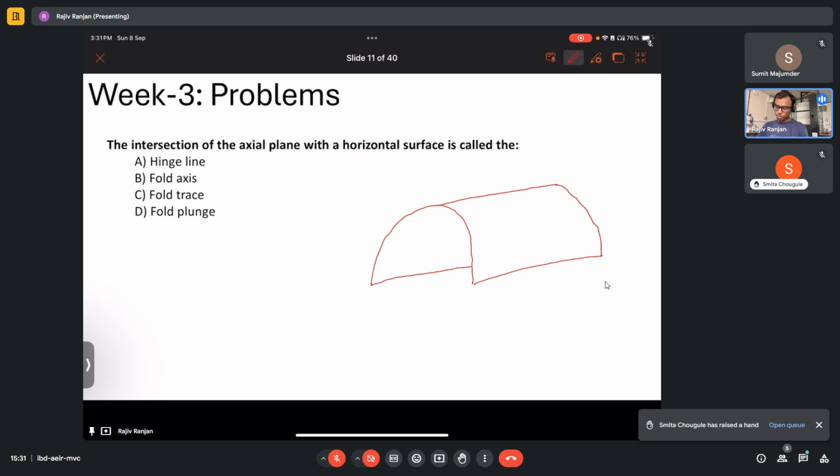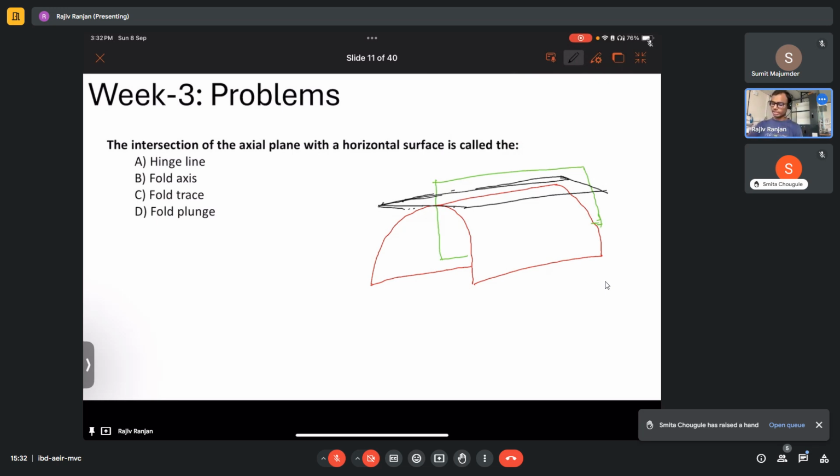Yeah. So now let's try to intersect. So we know this is the axial plane, right? This is the axial plane. Now make a horizontal surface. Suppose this is a horizontal surface. Terrible drawings.